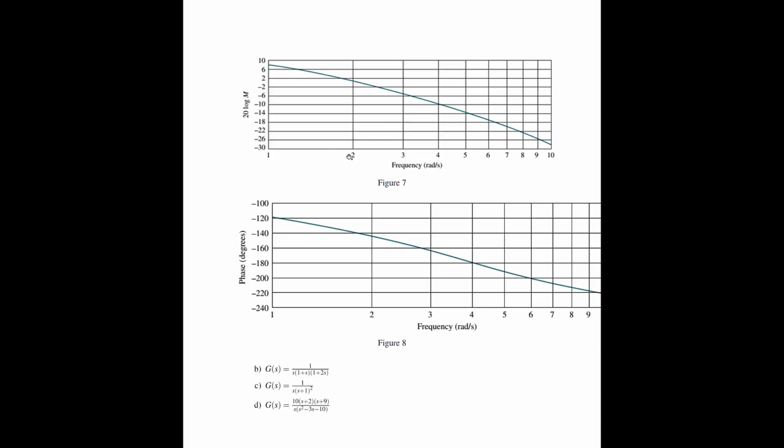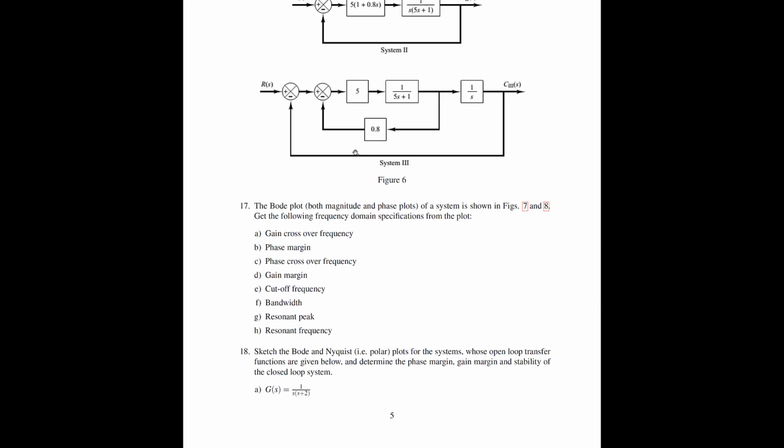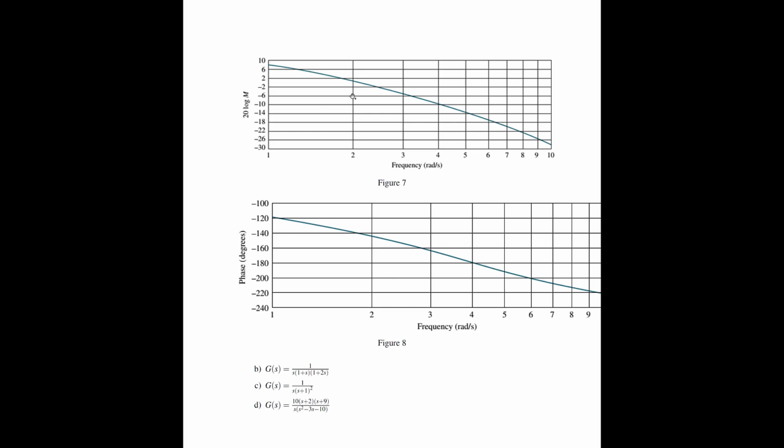Gain crossover frequency is the frequency at which the gain becomes 0 decibels. So 0 decibels comes here and the frequency corresponding to this is the gain crossover frequency. And phase margin is the margin available at this. So straight away you come here in the phase plot. What is the angle? It is almost minus 140 degrees.